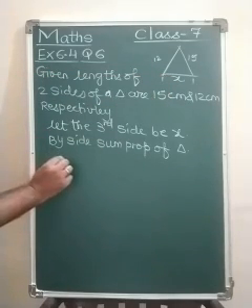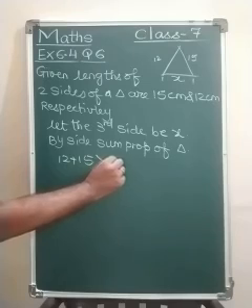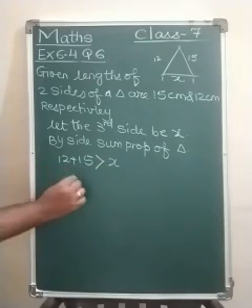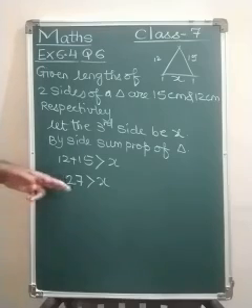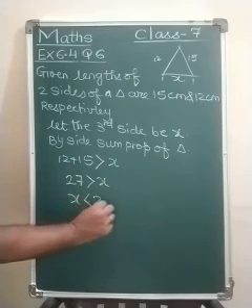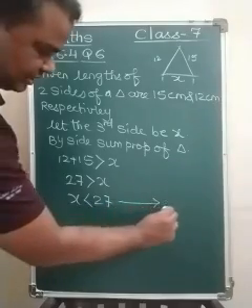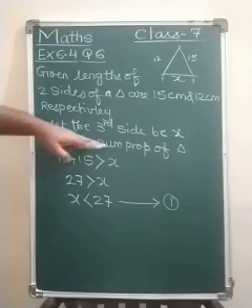So 12 plus 15 should be greater than x, that is the third side. So 12 plus 15 becomes 27, which is greater than x. 27 is greater than x means x is less than 27. So we will give this as number 1. Okay, this is the first thing.